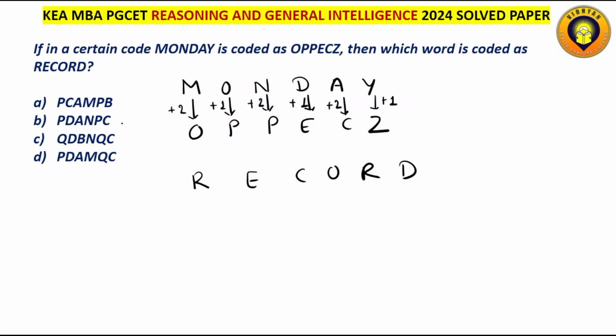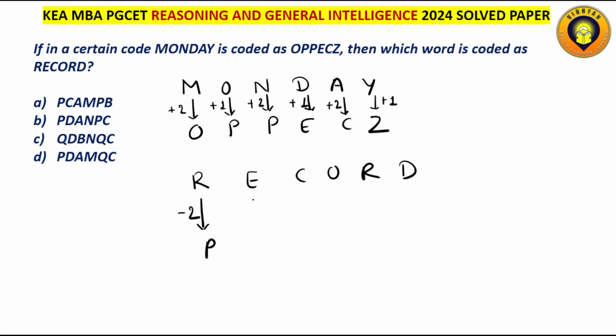But let us see, DE, ABC. If you see in the reverse order, that is minus 2, R minus 2 will be P, right?